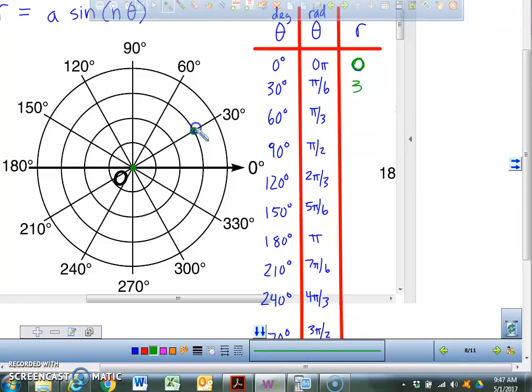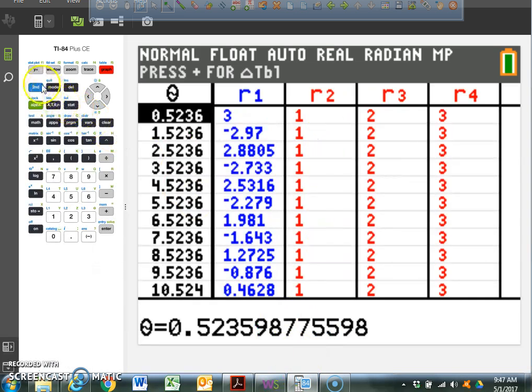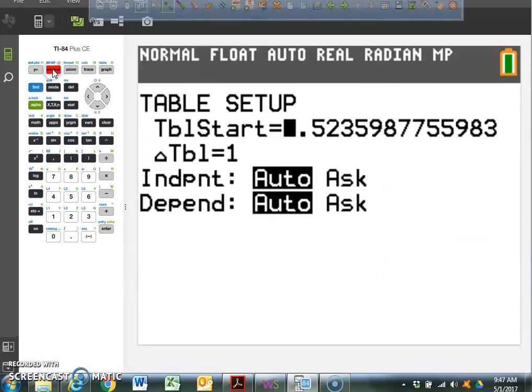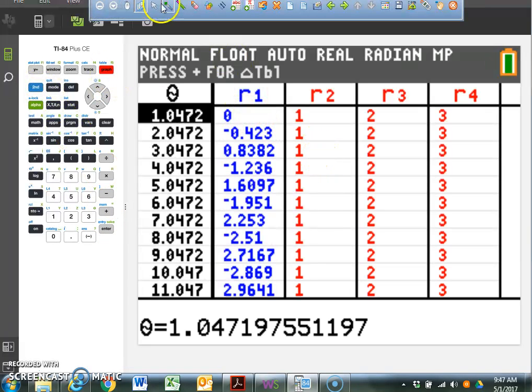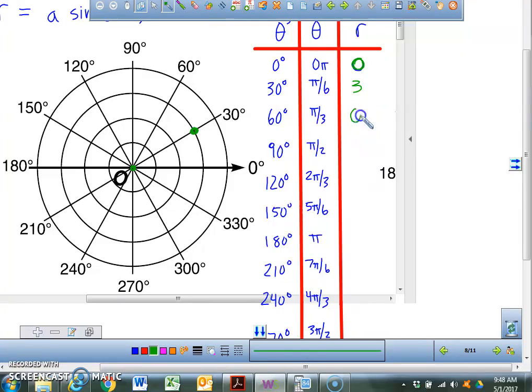Put a point right there. At 30 degrees, you are at 3. Now let's check pi over 3. Second window, pi divided by 3. Check your table. You're right back at a 0. So right here you're putting a 0.